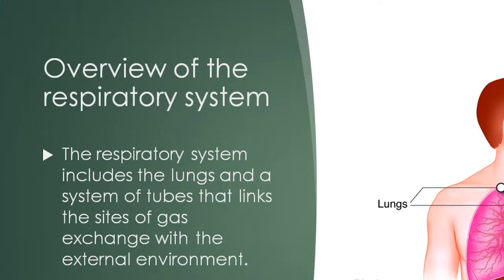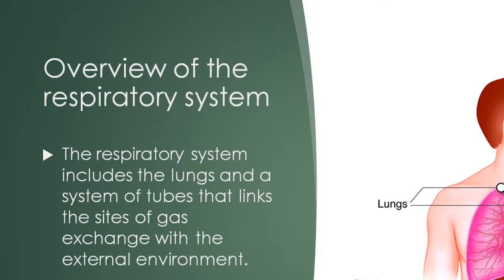So what does it include? A respiratory system includes the lungs and respiratory tract. What is the respiratory tract? A respiratory tract is a system of tubes which links the sites of gas exchange with the external environment.